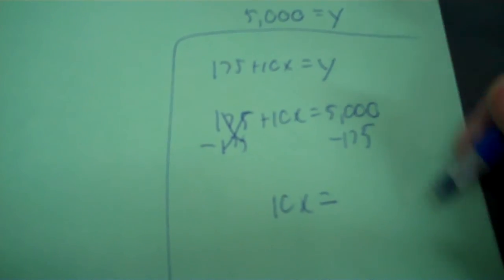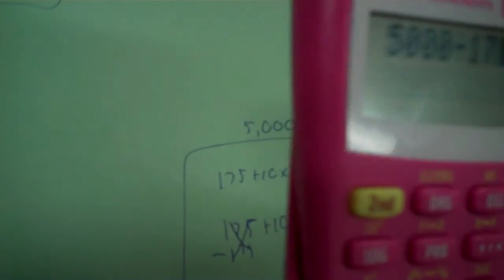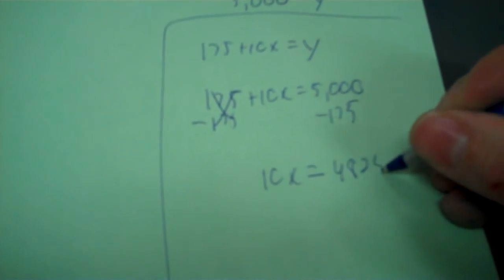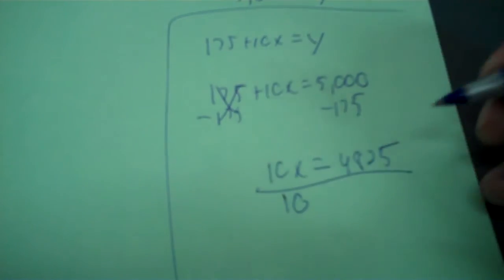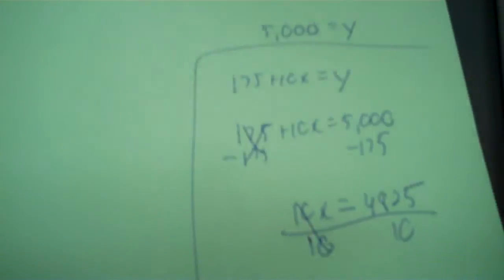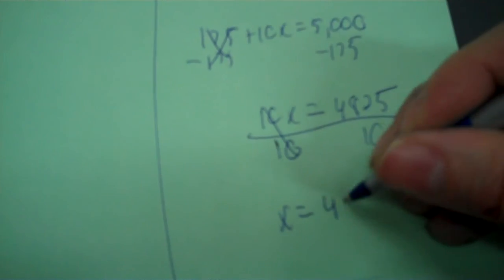That's going to be 5,000 minus 175 is 4,825, and then I'm going to divide by 10, okay? So 4825 divided by 10. It's going to be 482.5. So you can write 482.5, and that would be how many minutes it'd take.